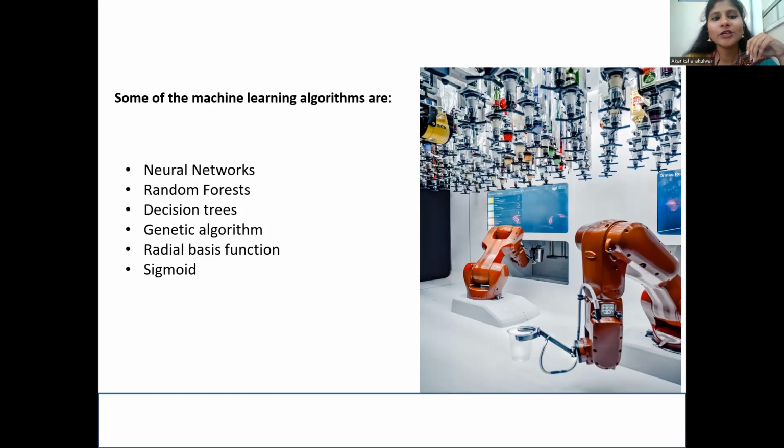We can do it by using the concepts of entropy and information gain. What is entropy? Entropy means the amount of impurity. These nodes are nothing but the attributes, so the amount of impurity in a particular attribute column is termed as entropy. It is calculated with a certain formula. We'll see it in more detail during the decision tree session. After entropy, we calculate information gain.